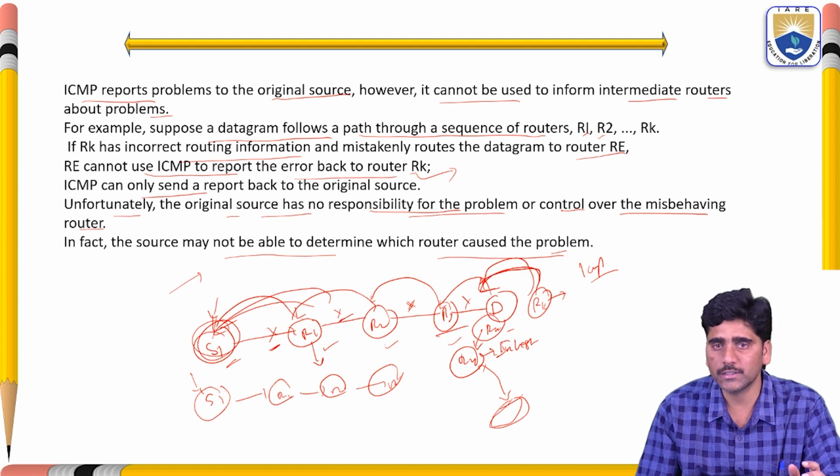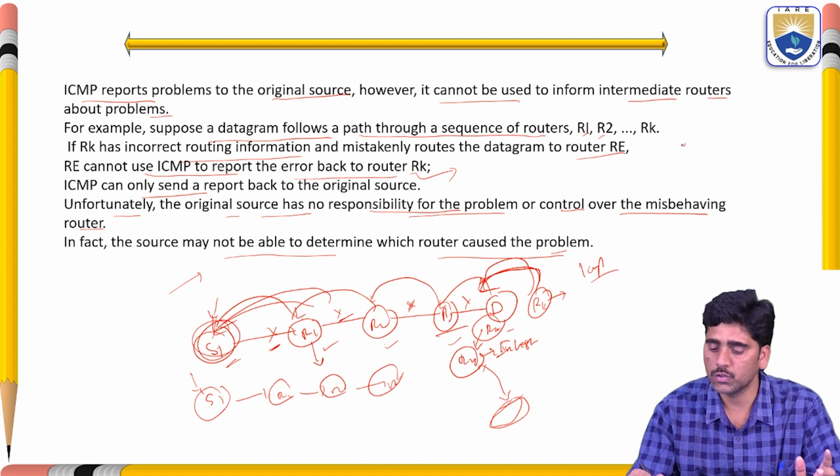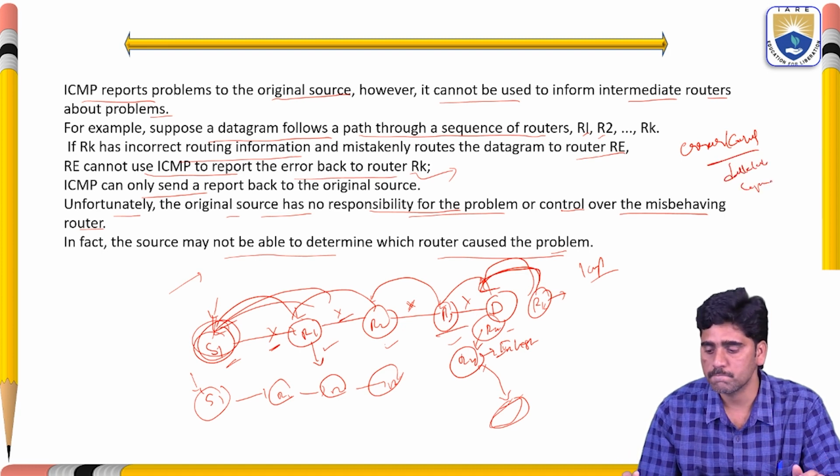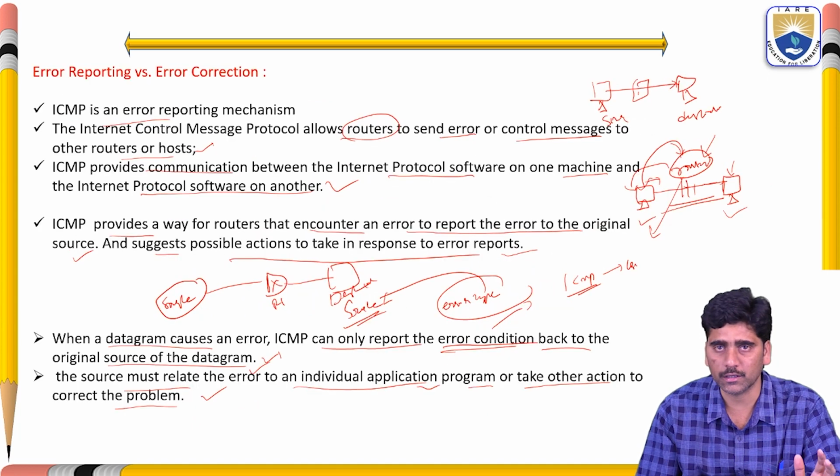At the moment of data transmission, if any errors occur, there is a chance for an error correcting or error controlling mechanism. Those two, error control and error correcting mechanisms, happen in the data link layer. So this is ICMP error reporting versus error correction.